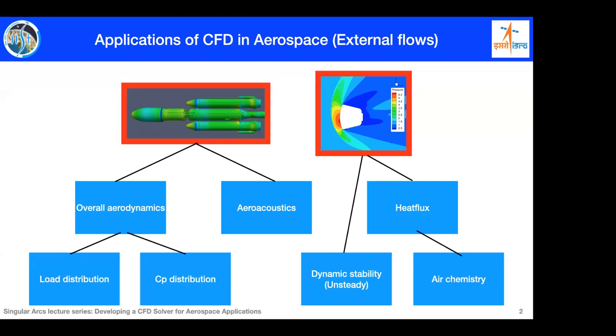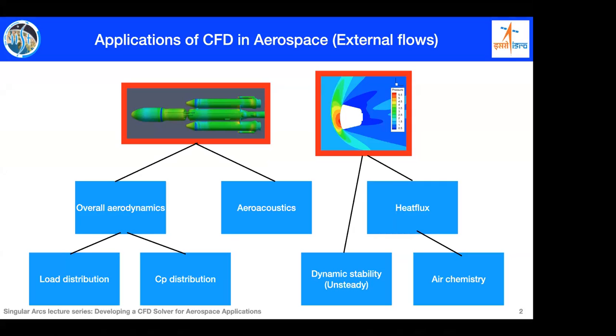I'll start from the applications first. In the aerospace industry, there are many applications, including aircraft as well as launch vehicles and re-entry vehicles. Here I'm showing two of the applications used in ISRO or VSSC or the space industry in general: launch vehicles and re-entry bodies. In launch vehicles, we need CFD in certain areas, that is overall aerodynamics and aeroacoustics.